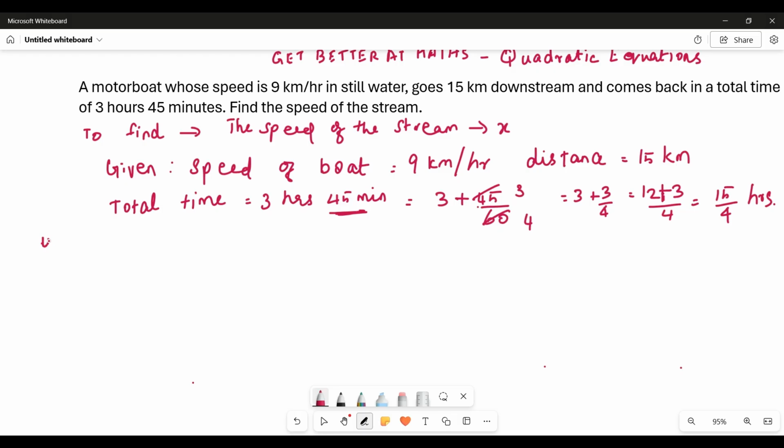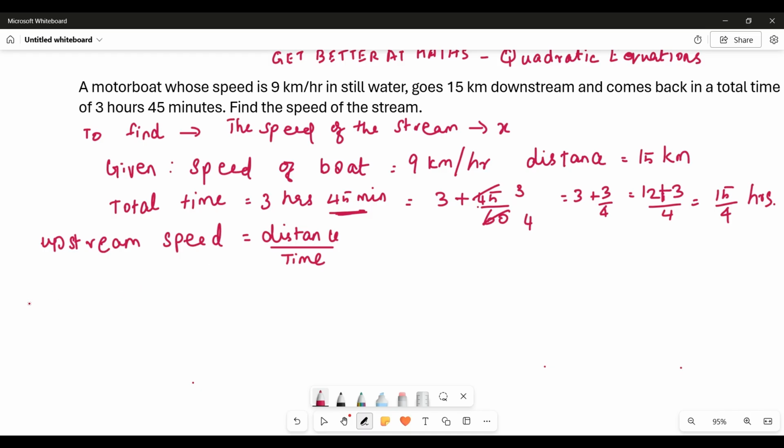Now, let me write down the upstream speed. Let us find out what the upstream speed is. Upstream speed is equal to distance over time, the time taken to travel upstream.